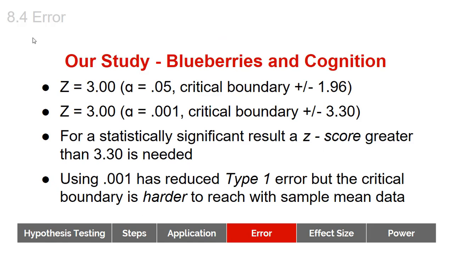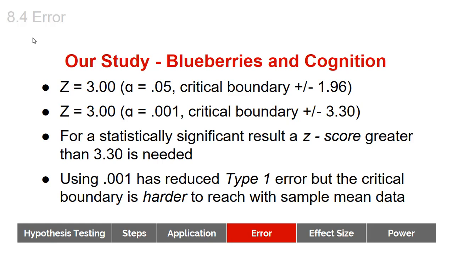So in our study, let's just take a look at that. The z was 3. So if we set our alpha before the study at 0.05, the critical boundary is plus or minus 1.96. And let's just say that we have our z-score again, but this time the alpha is 0.001. The critical boundary for 0.001 is plus or minus 3.3. So in the second case at 0.001, for a statistically significant result, a z-score greater than 3.30 is needed.